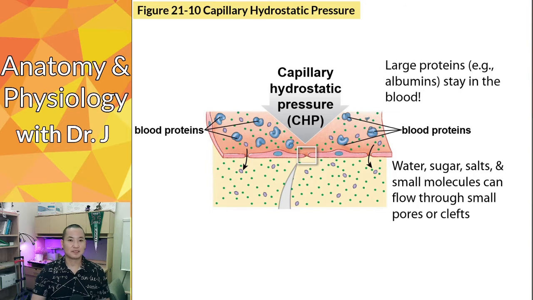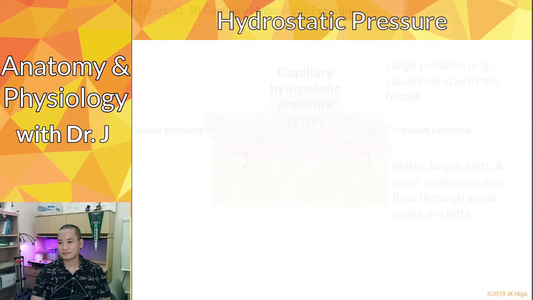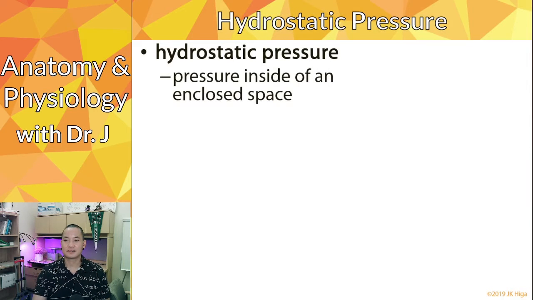This principle still applies to the glomerulus. Hydrostatic pressure is some sort of pressure inside an enclosed space. In the capillaries, it's capillary hydrostatic pressure. The glomerulus is an enclosed space, and when you have pressure inside those special capillaries forcing water and other solutes out of the glomerulus, that's glomerular hydrostatic pressure.